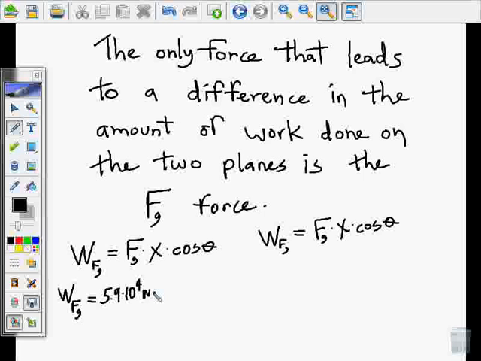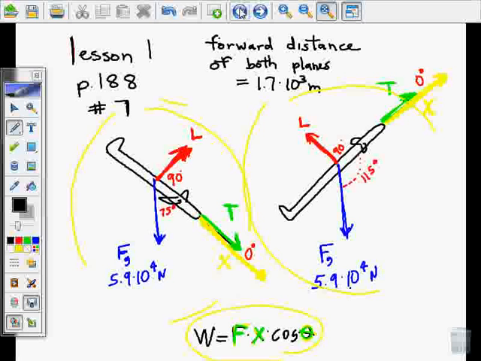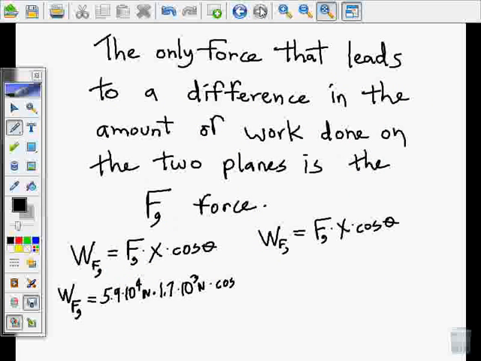And the distance is 1.7 times 10 to the third. And on this left equation, it's going to be the cosine of 75, because that's the angle between the force and the direction the plane is moving. It's going to be cosine of 75 degrees.